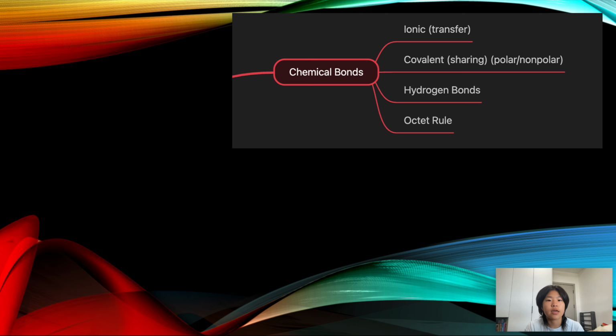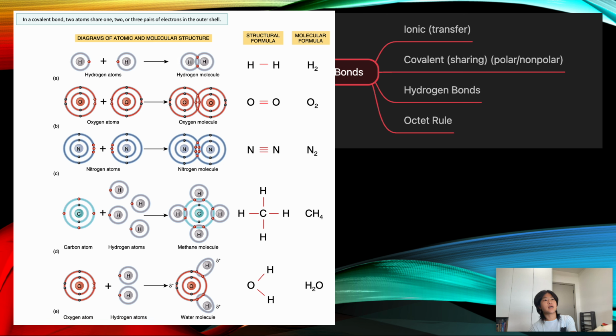Next, we move on to talking about covalent bonds. Covalent bonds are the sharing of electrons. They do not involve transferring electrons. Let's look at these with some examples. Let's look at the second example with oxygen atoms because it more strictly follows the octet rule.